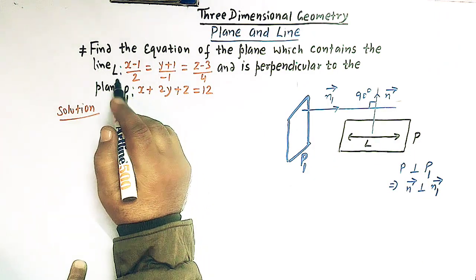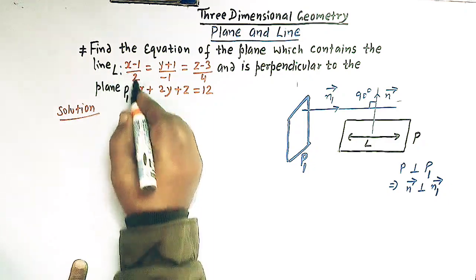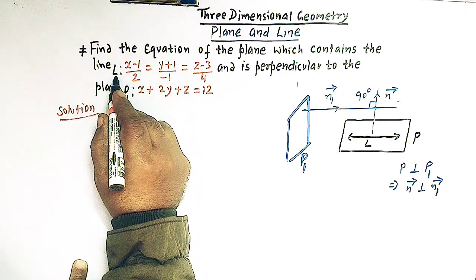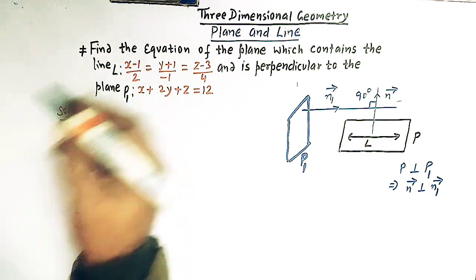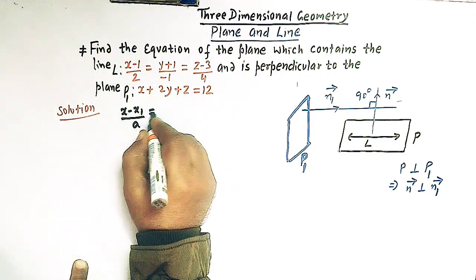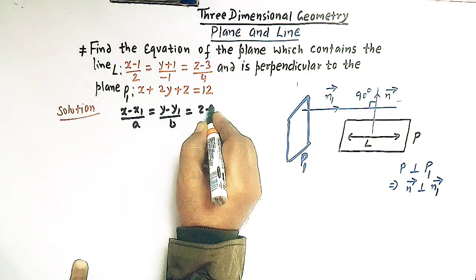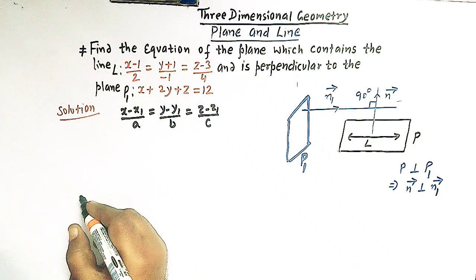Now let us come to the equation of the line L. The equation of the line L is given in the symmetric form, that is (x minus x1)/a, (y minus y1)/b, and (z minus z1)/c.